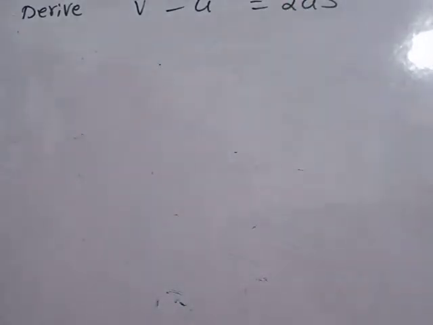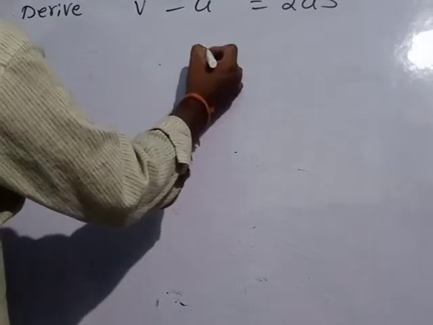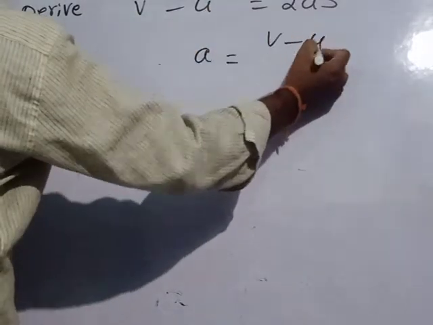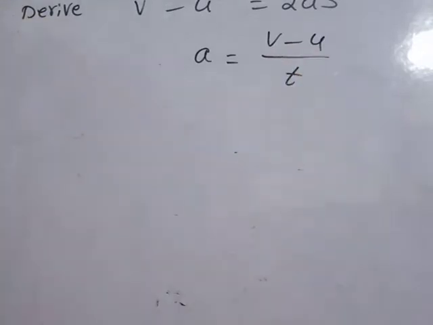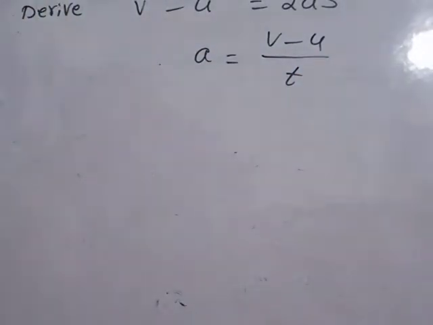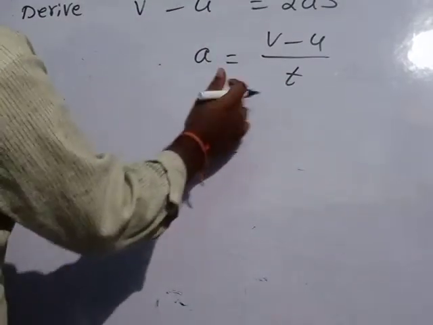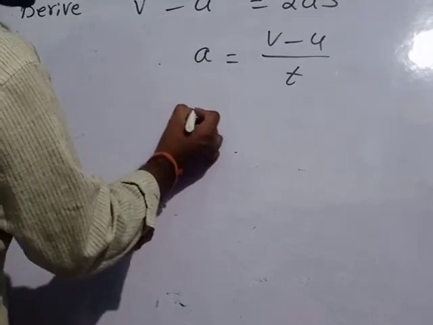V square minus U square is equal to 2AS. How? Simple, very simple. So you know acceleration A is equal to V minus U by T. The change in velocity with respect to time is called acceleration. So from this formula find T value. First of all T transferred to this side.